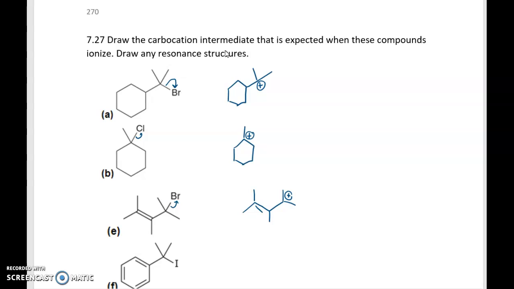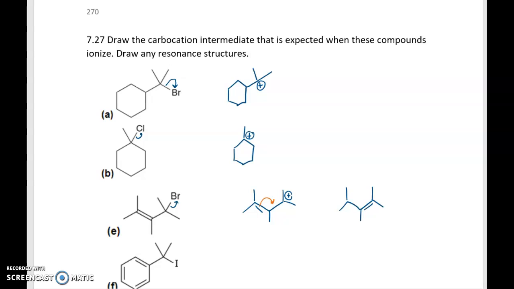Now, for this one, we have a resonance structure because we've got a double bond that's allylic to a positive charge. So these electrons will be drawn to here, and we'll get everything drawn.